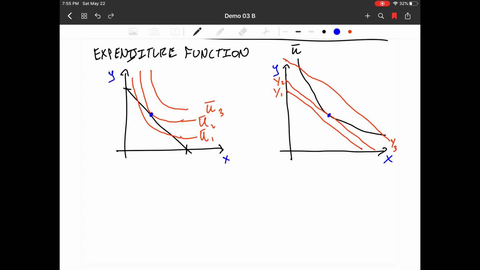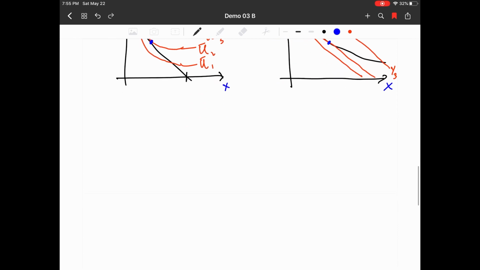So let's just walk through a simple problem. This is similar to what we did in the last video, except we're going to approach it from this perspective instead. And before we do that, let's just write down one definition here.